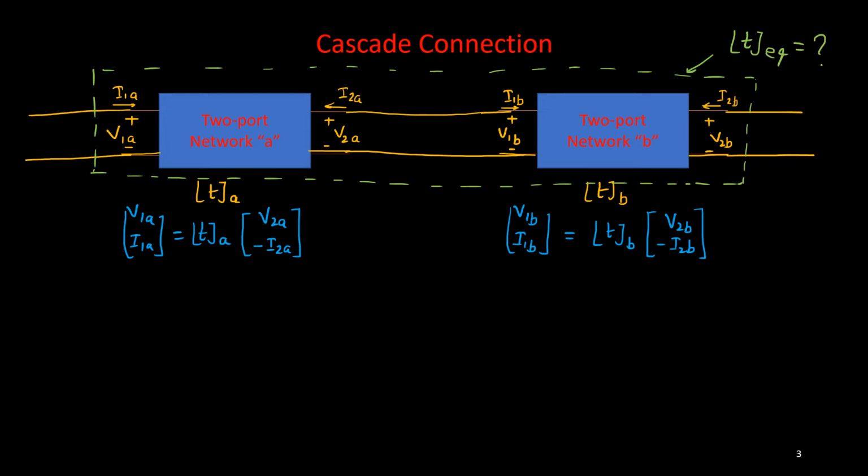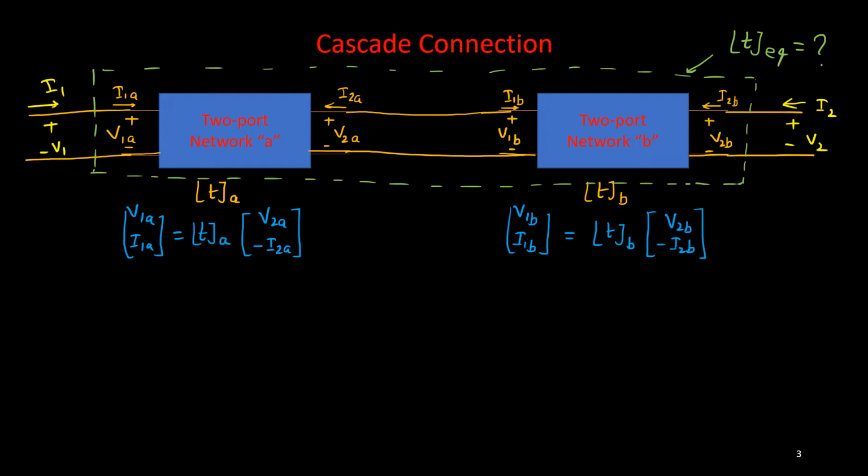That is the question. So for this total network, this is your port number 1, I'll call it V1, and this incoming current is I1, and this is your V2, and this current is I2.